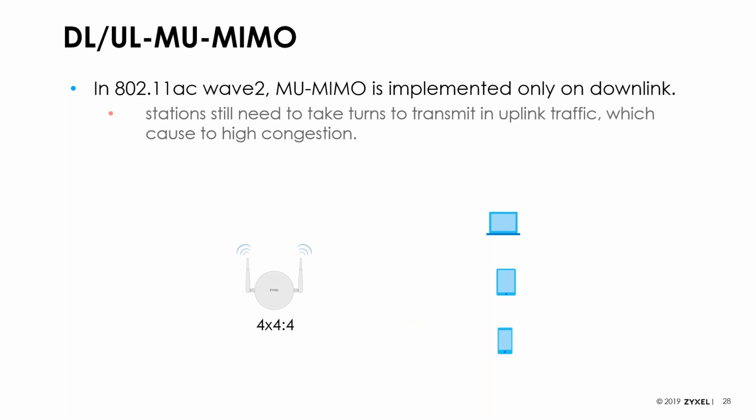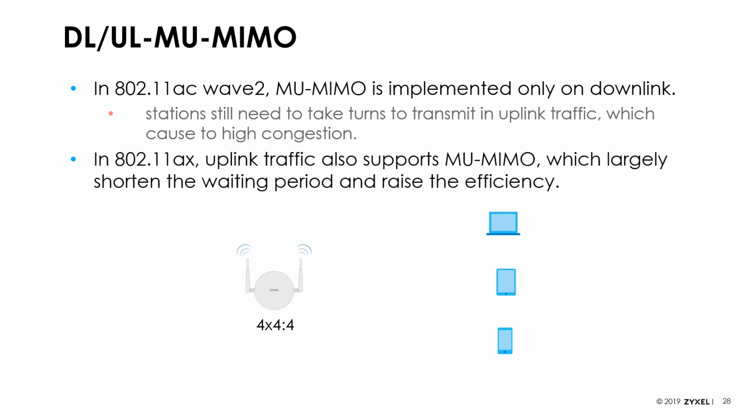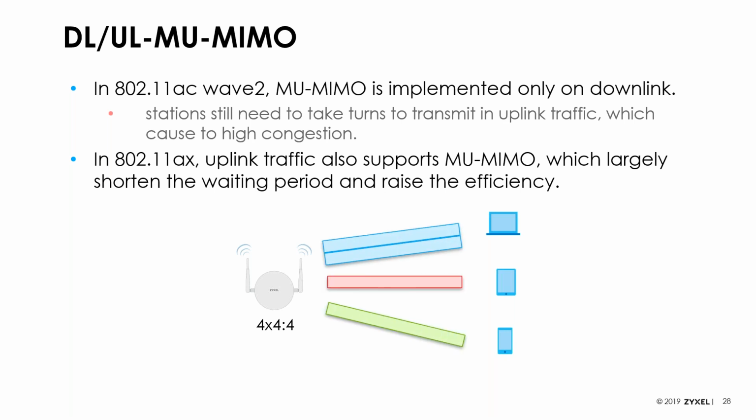So it was basically only one-way traffic that could utilize multiple antennas at the same time, and multiple users could do it. On AX, it works both ways. So the AP can download and upload data between the clients using multiple antennas at the same time, allocating these to each client depending on the client's needs.